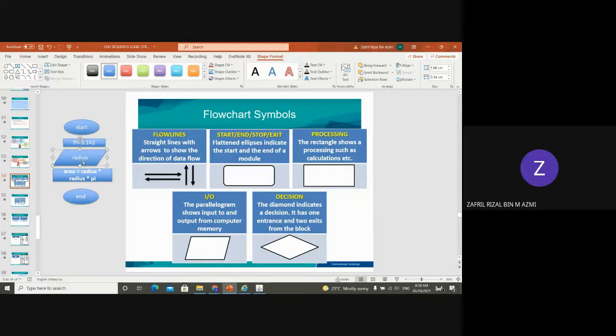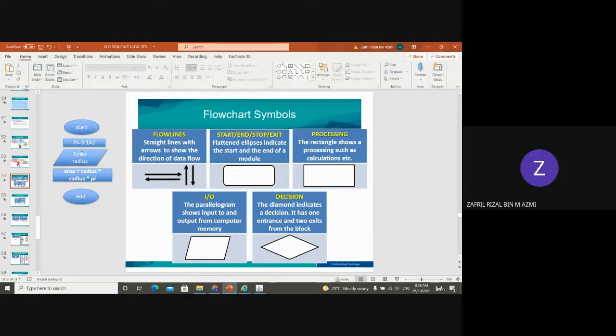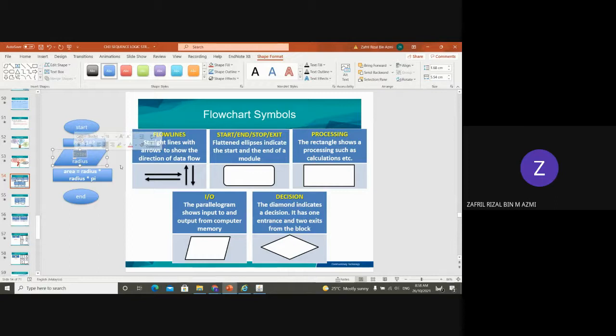Let's say this is the input process, put enter. Okay, so people know this is the input process. If this is an output process, you put the keyword for output lah, display or print, anything that represents the output process. So this is output.